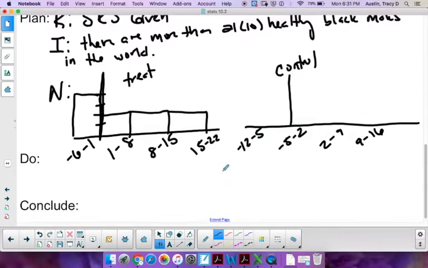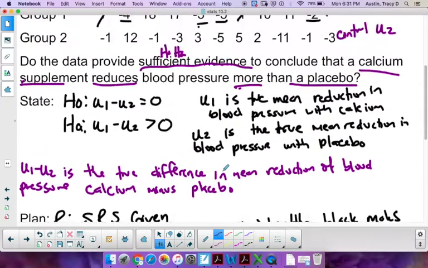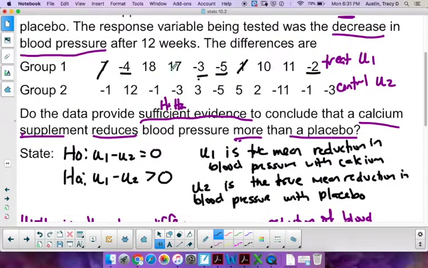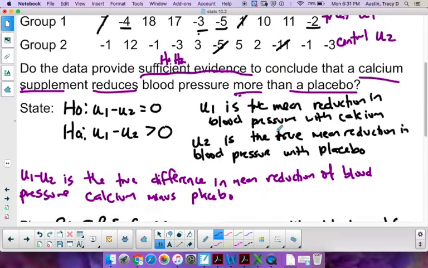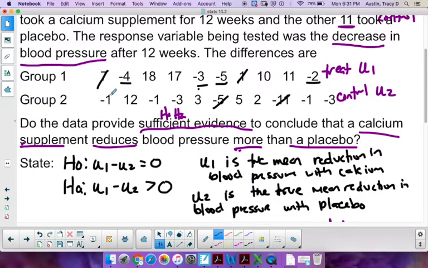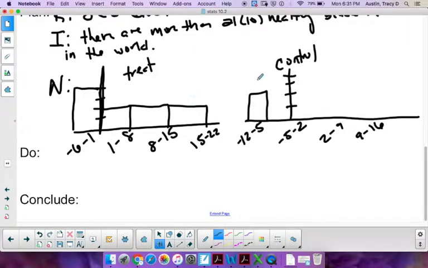Okay, so how many are in the group from negative 12 to negative 5? 1, 2, 3, 4. Okay, how many are in the group from negative 5 to positive 2? 1, 2, 3, 4, 5, 6. All right, that's a little bit higher.